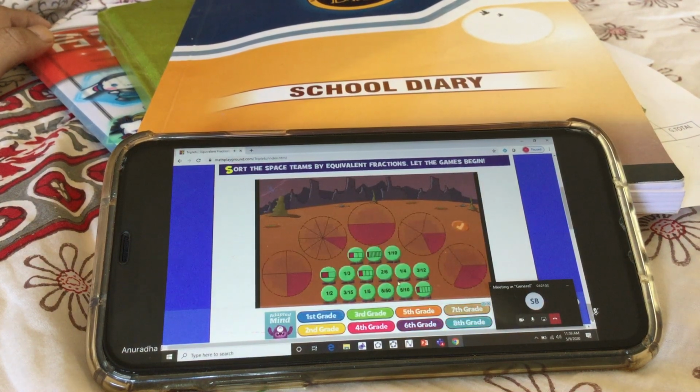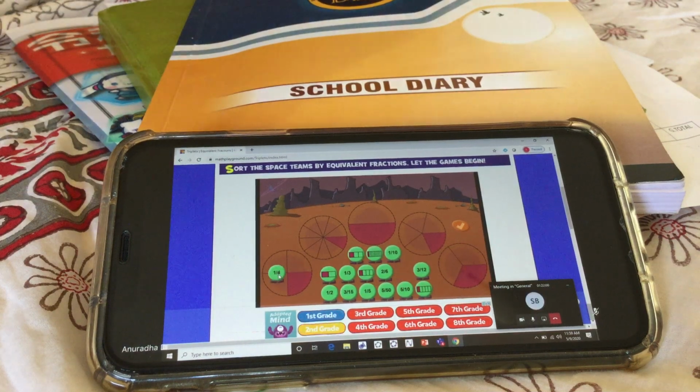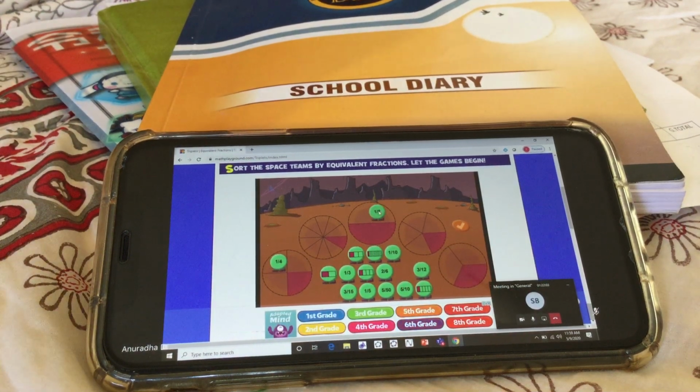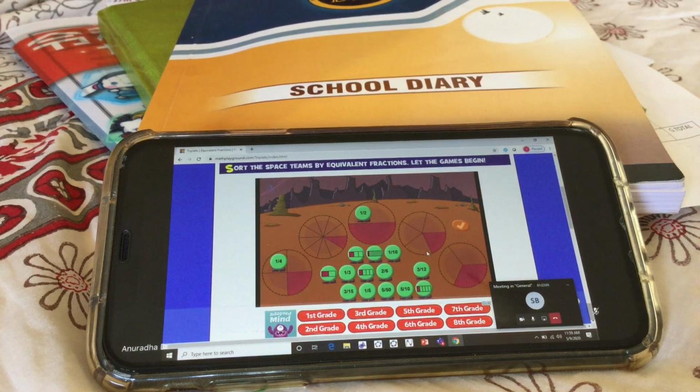Click it. You can see the pictorial representation as well as some fractions given. Now we can match it. So 1 by 4 goes here, 1 by 2. For you it is easy, but for smaller children of 3rd or 4th, it is a revision of concept. They are practicing what is 1 by 10.